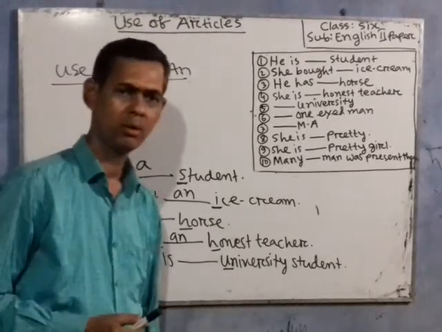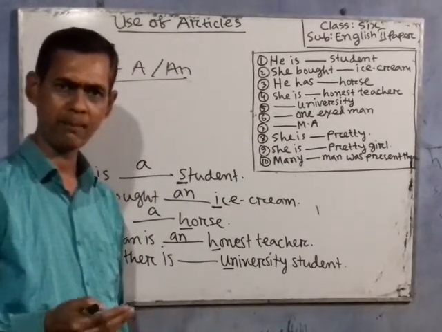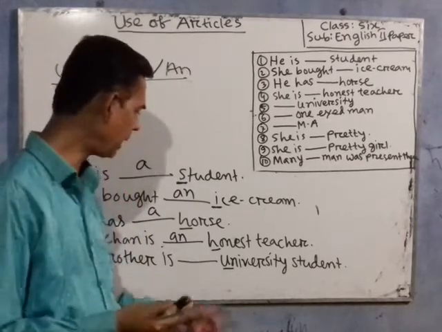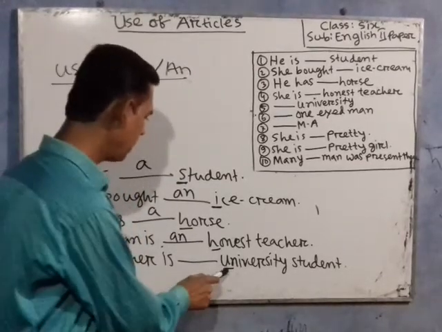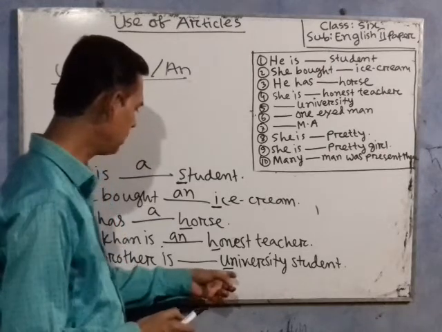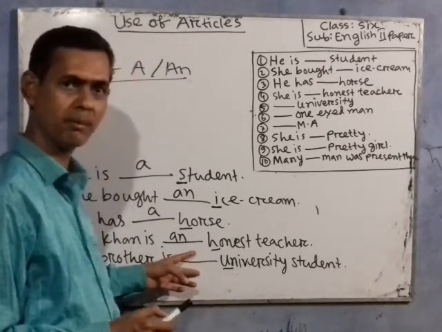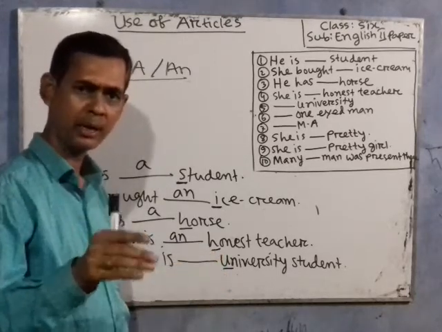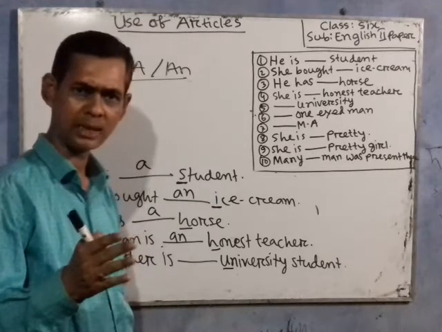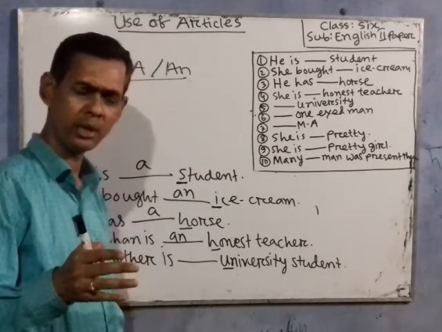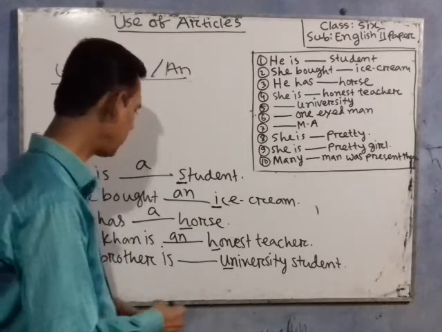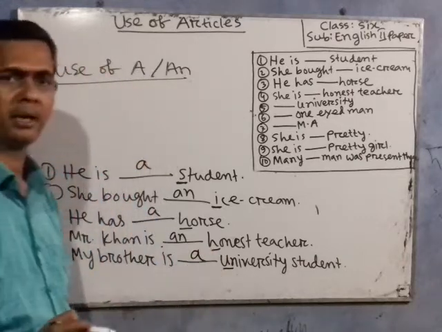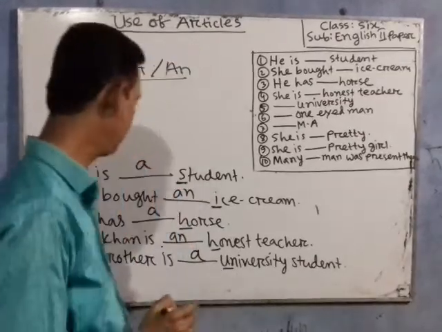We know An is used if the first letter of any word is a vowel. So here U is a vowel. That is why here An should be used. But here U is pronounced like yoo. So you have to remember, if U is pronounced like yoo, here A will be used instead of An.